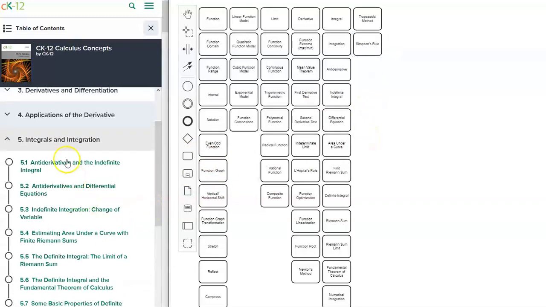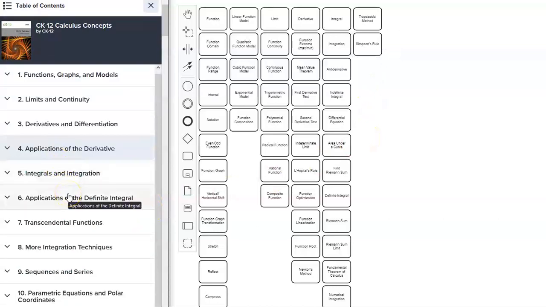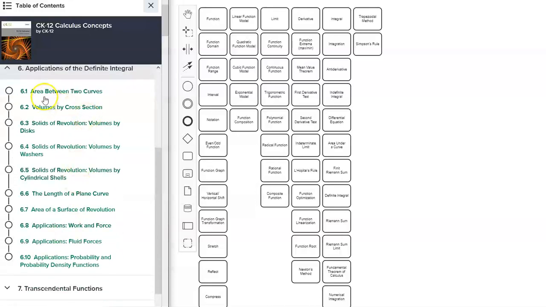All right, so that kind of covers the integrals and integration. Let's move on to the application of the indefinite integral. So we have area between 2 curves.